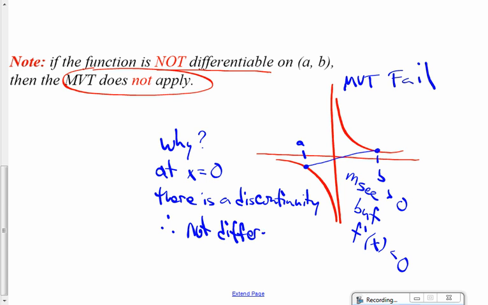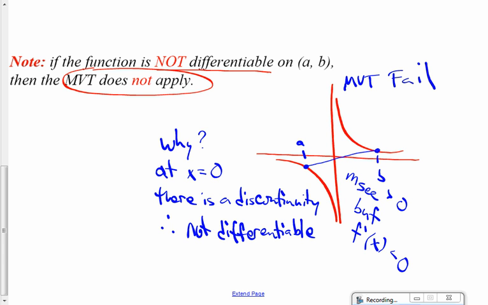Now, I want to be careful here, because just because the MVT fails, it doesn't mean there will never be a point at which the slopes are the same. It just says that you can't guarantee that there's going to be a point where the slopes are the same. Okay? This one's a complete fail.